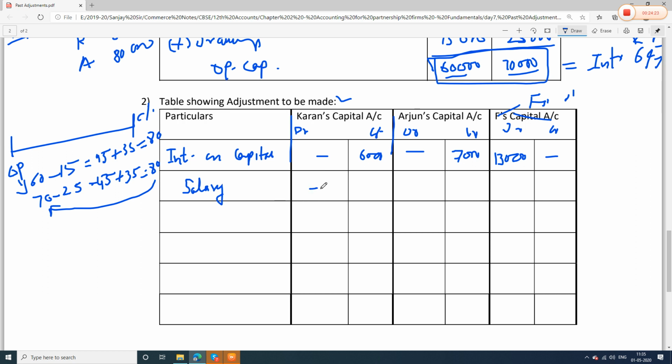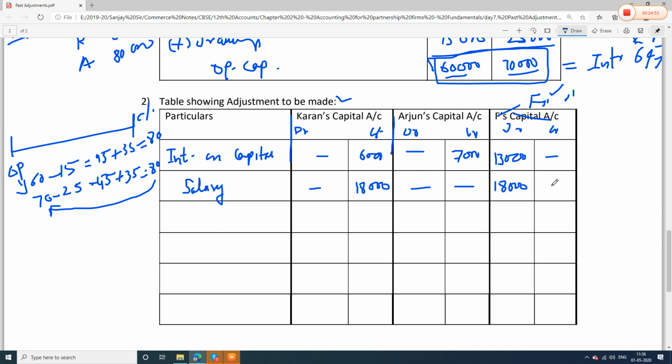Only to Karan, 1,500 per month. For 12 months it will be 18,000 rupees. Will Arjun get any salary? No, Arjun is not getting any salary. So when Karan gets 18,000 rupees, his account will be credited. But who is paying him the 18,000? The firm is paying, so the firm's account will be debited 18,000 rupees.